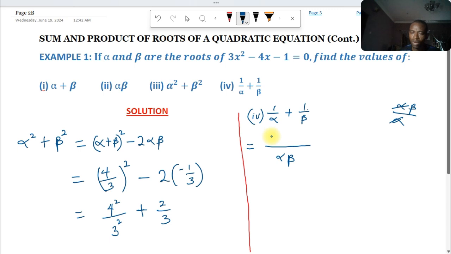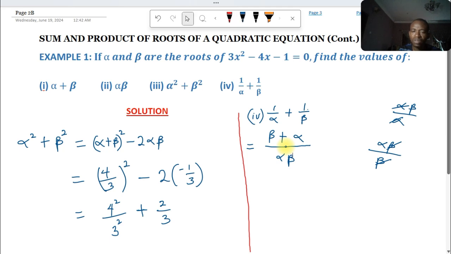So beta times 1, our answer is beta. Plus, let's go again. Alpha beta divided by beta, when beta divides beta, we are going to have alpha left. Alpha times 1, we have alpha.